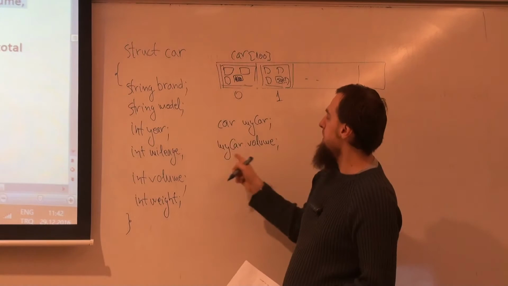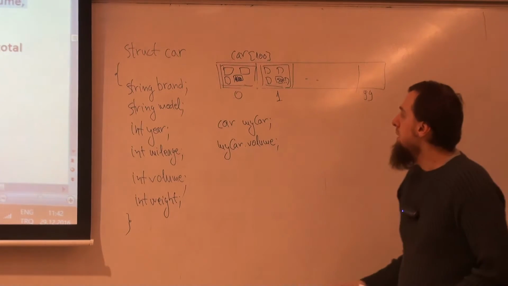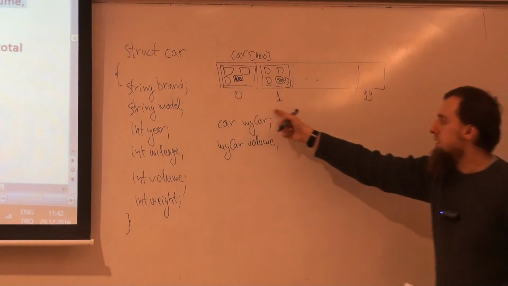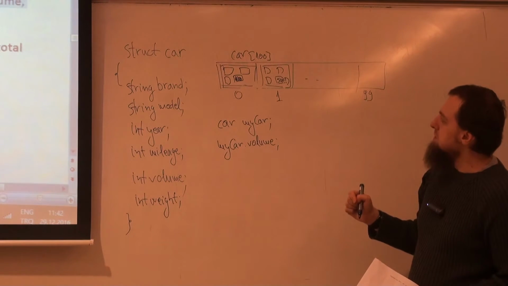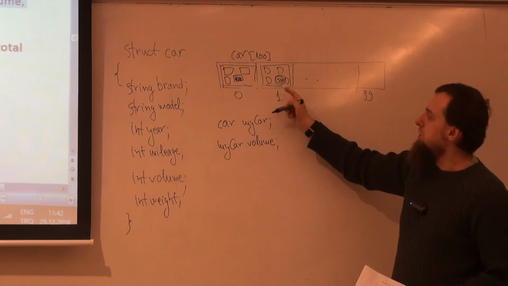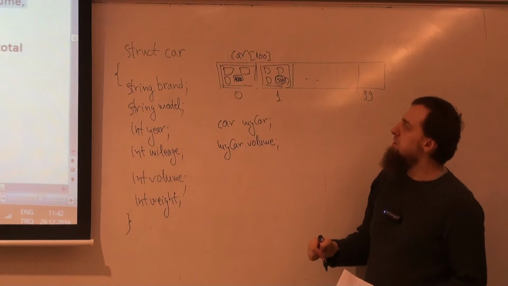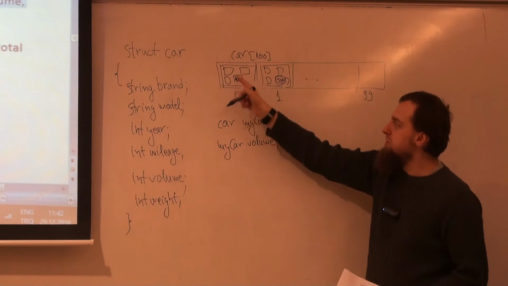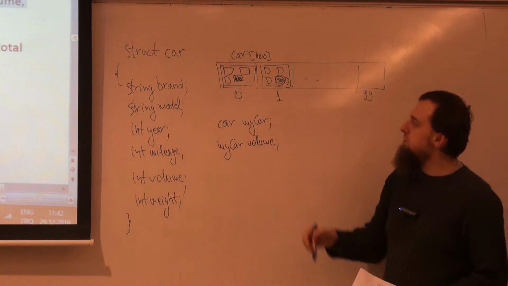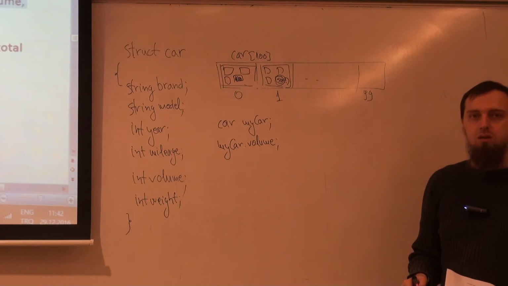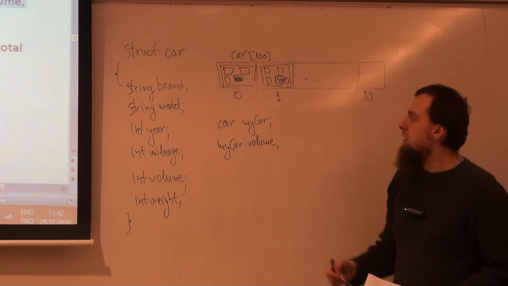I access the model, mycar.model. Now in this array, it's an array not of integers, it's an array of cars. How do I access this data here? This is the volume of the second entry. So we have the first entry, the second entry, up until the 99th entry. How do I access the volume of the second entry? The name of the array is car.